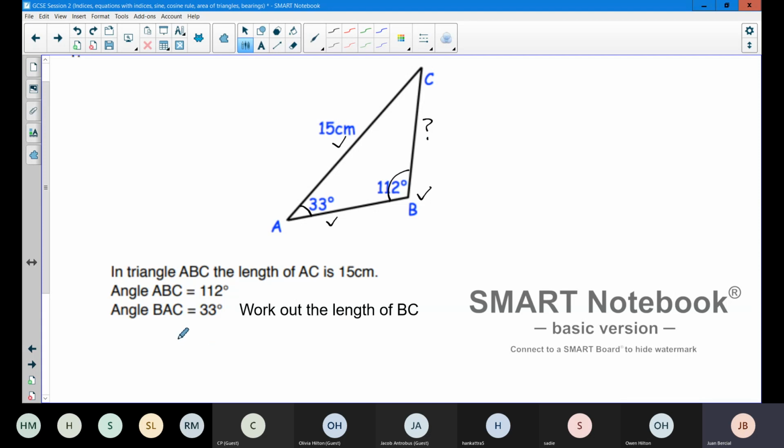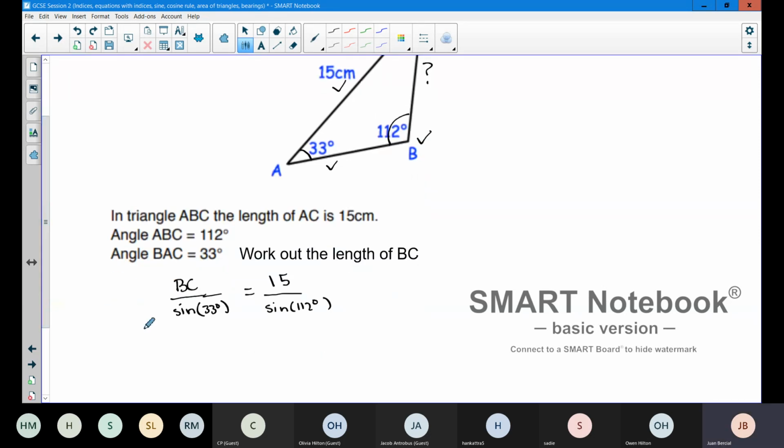So if we apply the sine rule, it's going to be BC divided by the sine of the opposite, the sine of 33 degrees, is going to be equal to 15 divided by the sine of 112 degrees.